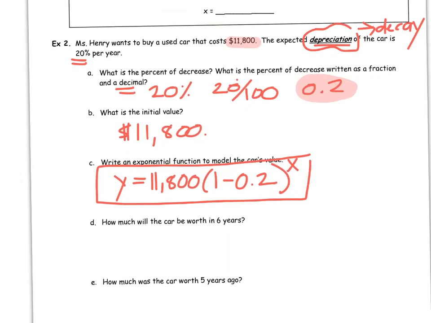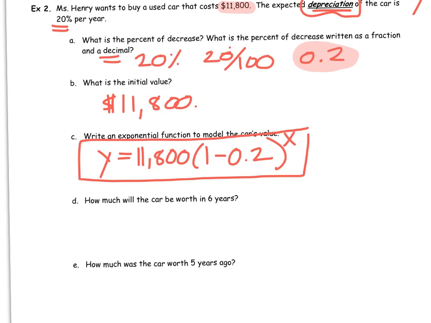The first question says, how much will the car be worth in 6 years? And basically that just means I plug in a 6 for x. So I'm going to get y equals 11,800 parentheses 1 minus 0.2, and instead of x, I'm going to use the number 6. And I'm going to plug that into my calculator carefully, paying attention to the parentheses.